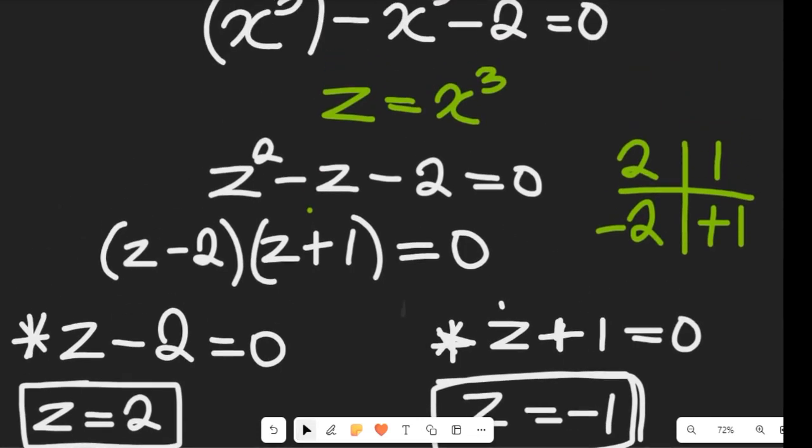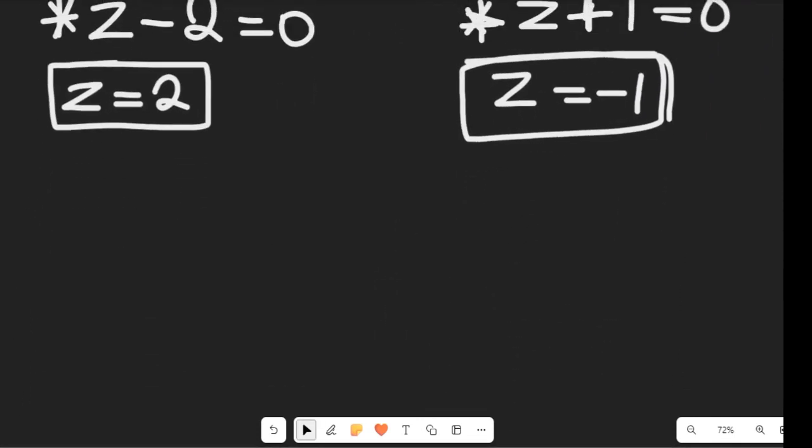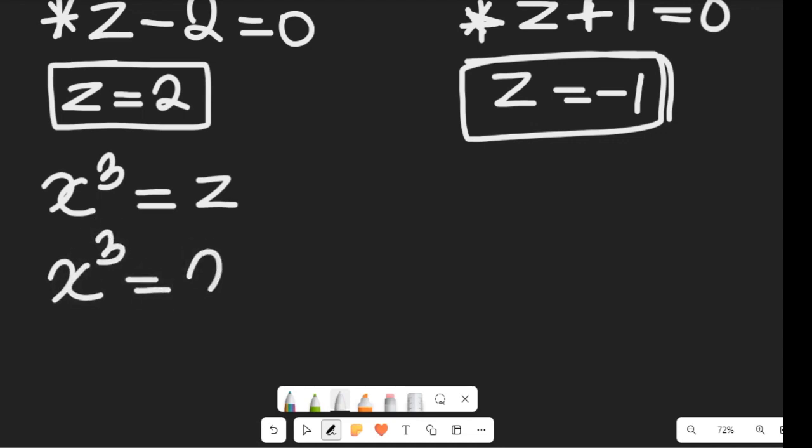So z is equal to x to the power of 3. From the expression, we're going to consider the two results. Looking at the first result, with z equal to 2, recall that x to the power of 3 is equal to z. So what will the value of x be? x to the power of 3 equal to 2, right?